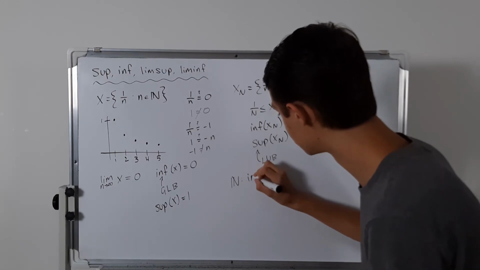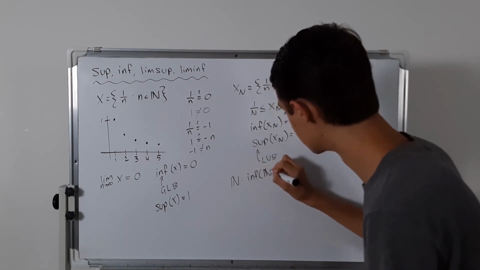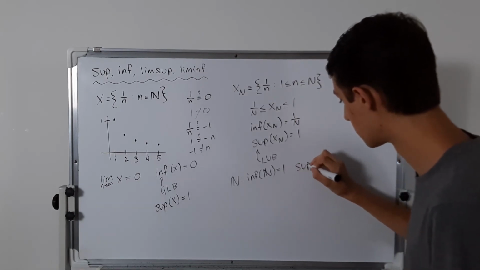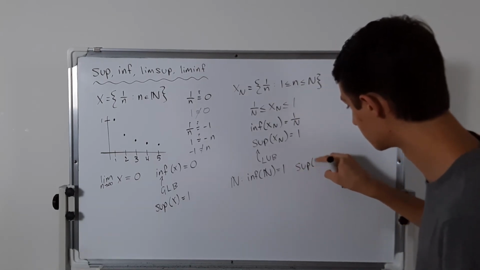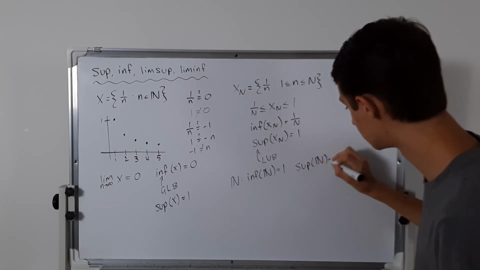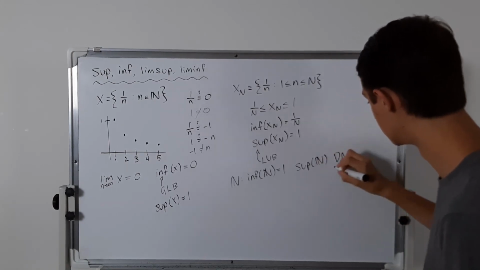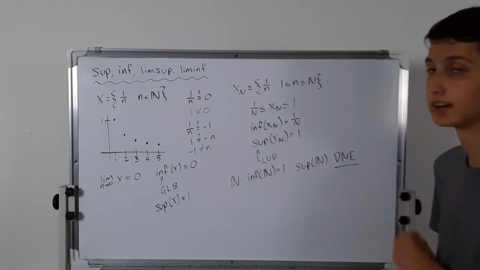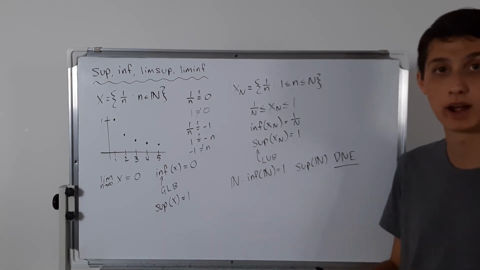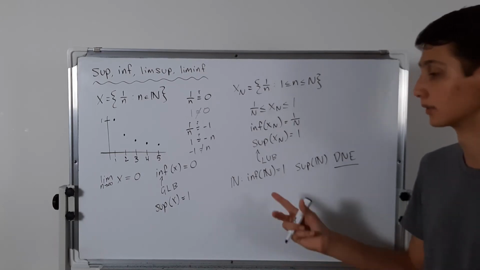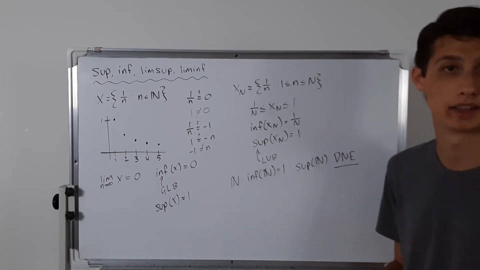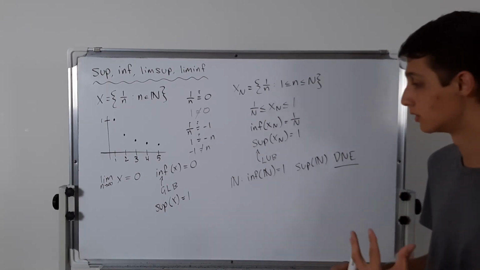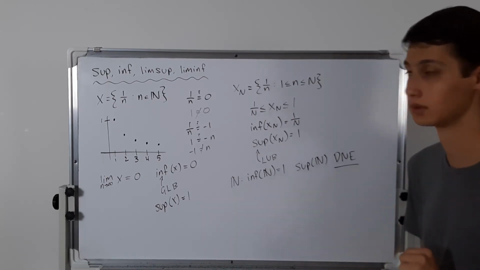So the infimum of the set of natural numbers is 1, but the supremum of the set of natural numbers actually doesn't exist, because there is no upper bound to the natural numbers. With the integers, there is no lower bound either, and so the integers do not have an infimum or supremum.